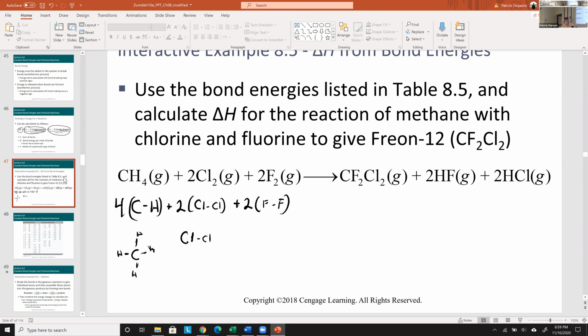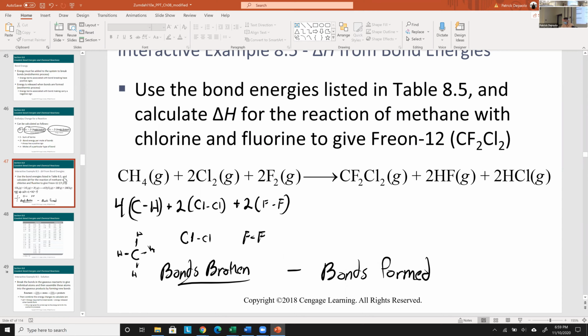So this is going to be the bonds broken. You calculate that, and then you're going to subtract the bonds formed. Bonds broken minus bonds formed.